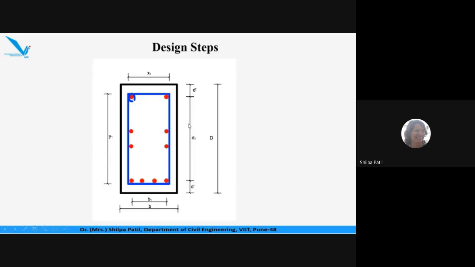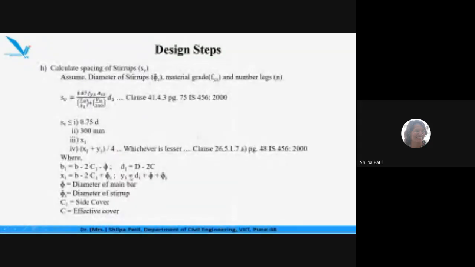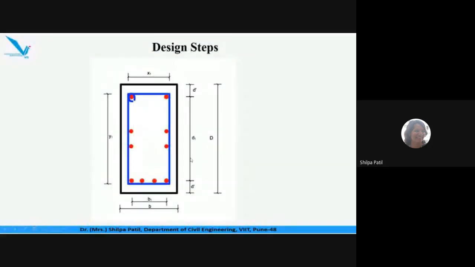Instead of that, it is simply calculated as D1 plus phi plus phi s. D1 is the center to center distance between the top and bottom reinforcement. Plus half the reinforcement diameter from top and bottom, so half phi plus half phi, combinedly it will be phi.